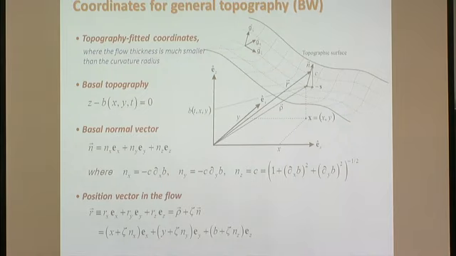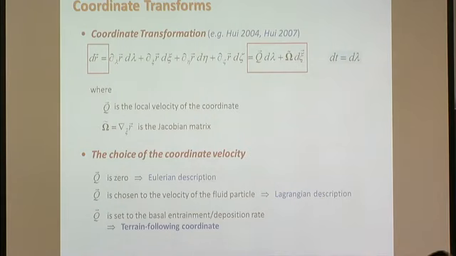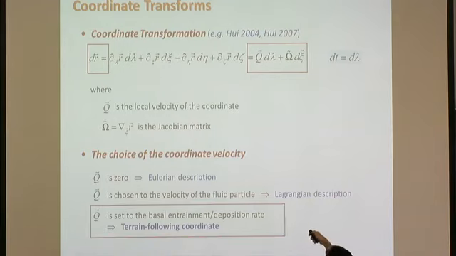And we adopt the coordinate transformation proposed by Professor Hui, and because R is a function of time and space, we just take the partial derivatives with respect to the different arguments, and we can write them in a vector form, that is, capital Q times d lambda plus omega times d c.